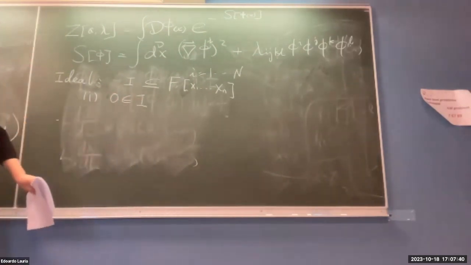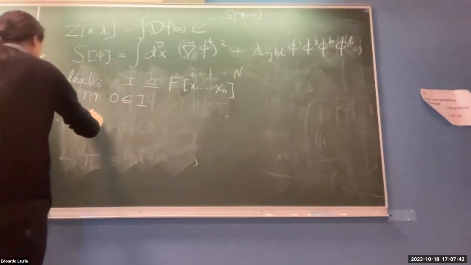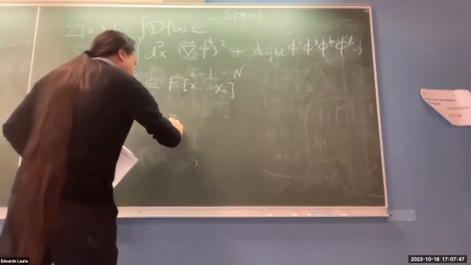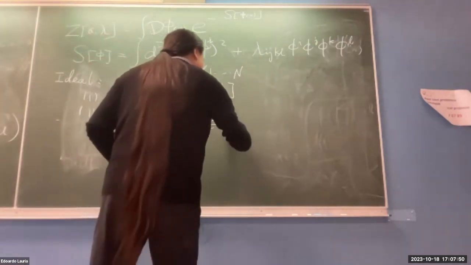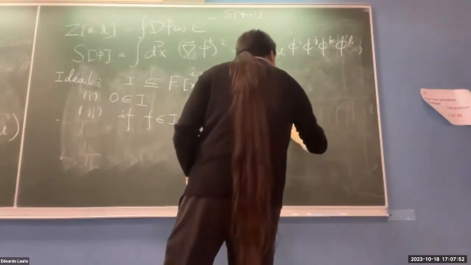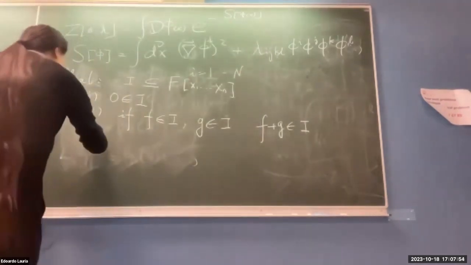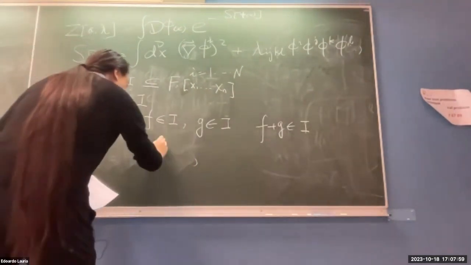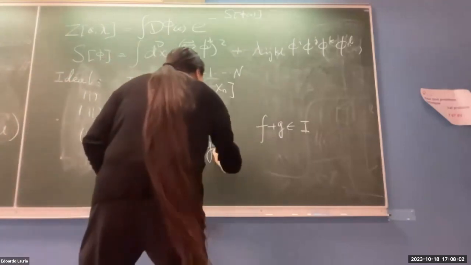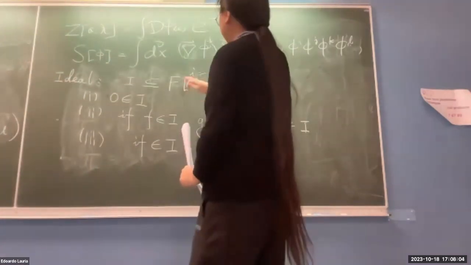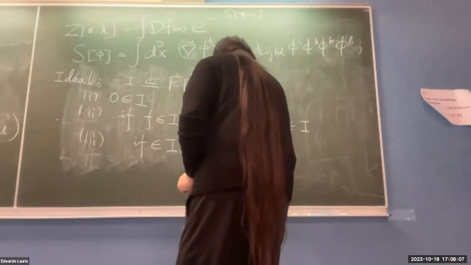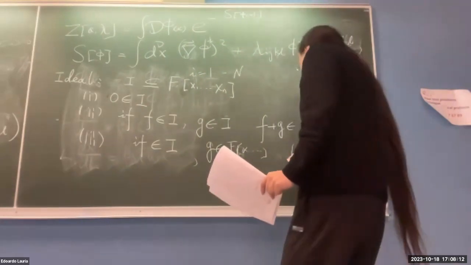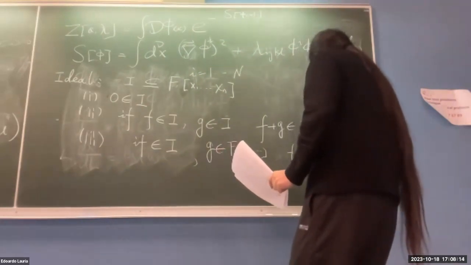This is a number. The number 0 belongs to the ideal. The second condition is that if f belongs to the ideal and g belongs to the ideal, then f plus g belongs to the ideal. The third condition is that if f belongs to the ideal and g is whatever polynomial, then f times g belongs to the ideal.